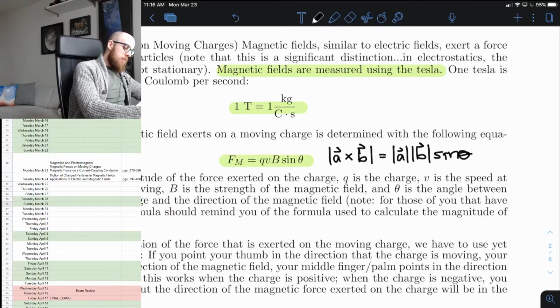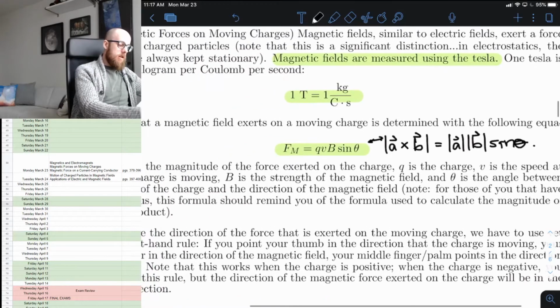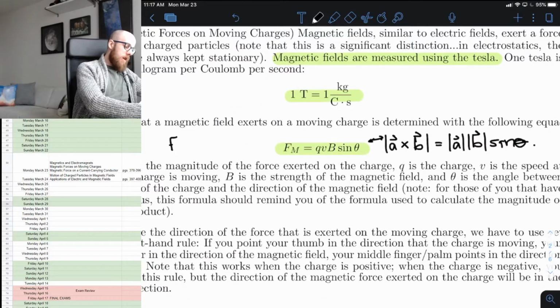If you compare these two formulas, you should definitely see some similarities. We get the magnitude of the velocity, the magnitude of the magnetic field, and sine theta, where theta is the angle between them. So definitely there is a cross product going on here, which we're just not paying attention to. If you want to see it, Fm equals Q V cross B.